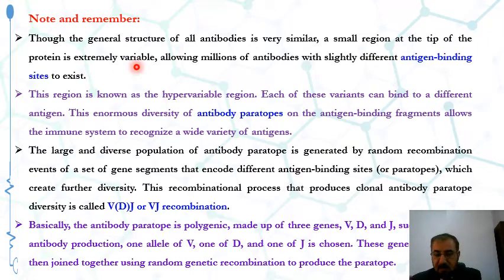The variable region, the antigen binding region or the antigen binding site, allows millions of antibodies with slightly different antigen binding sites to exist. This region is known as the hypervariable region. So the tip of the antibody is hypervariable. They are very different among different antibody types. Each of these variants can bind a different antigen.